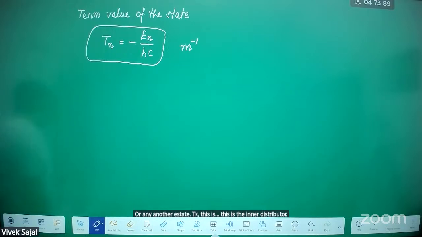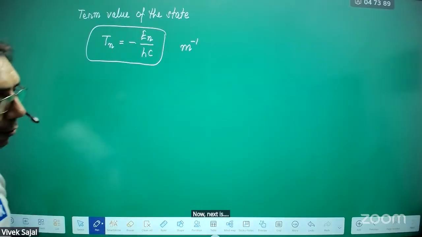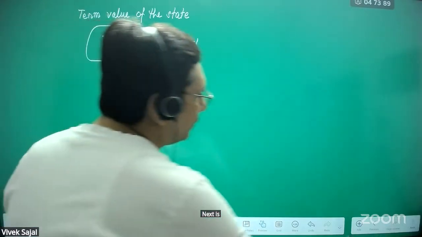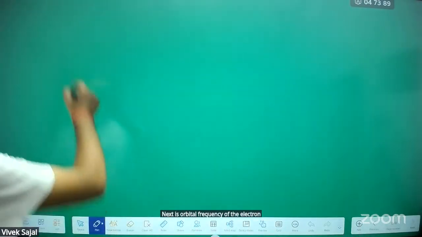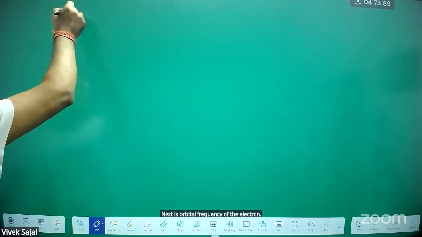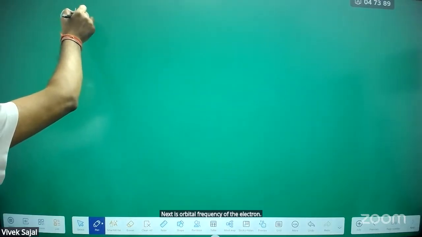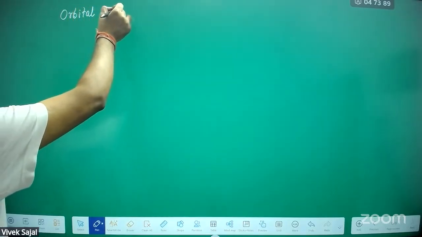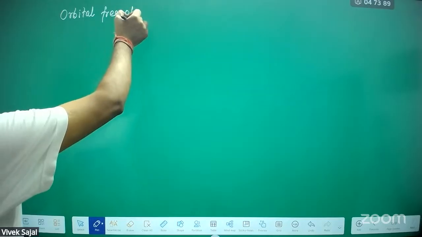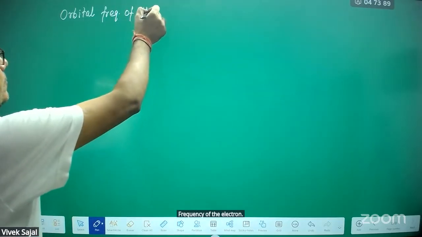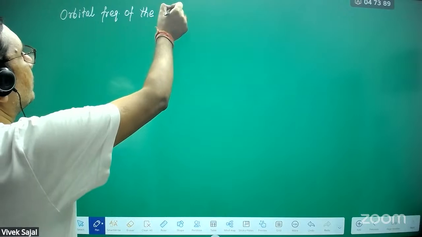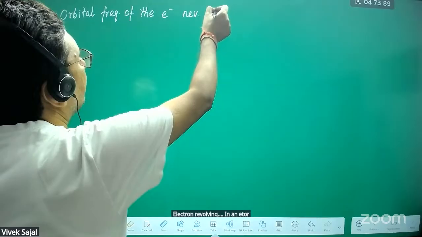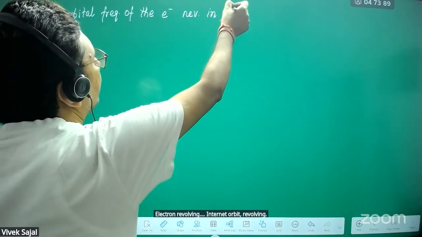Now, next is orbital frequency of the electron. Frequency of the electron revolving in the nth orbit.